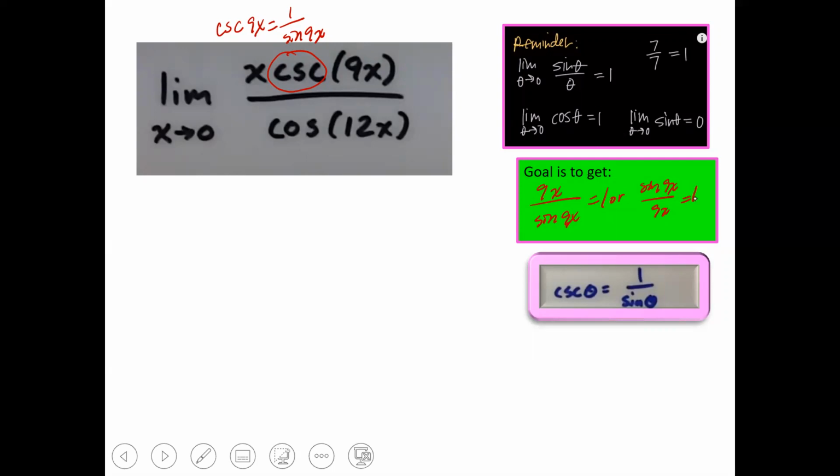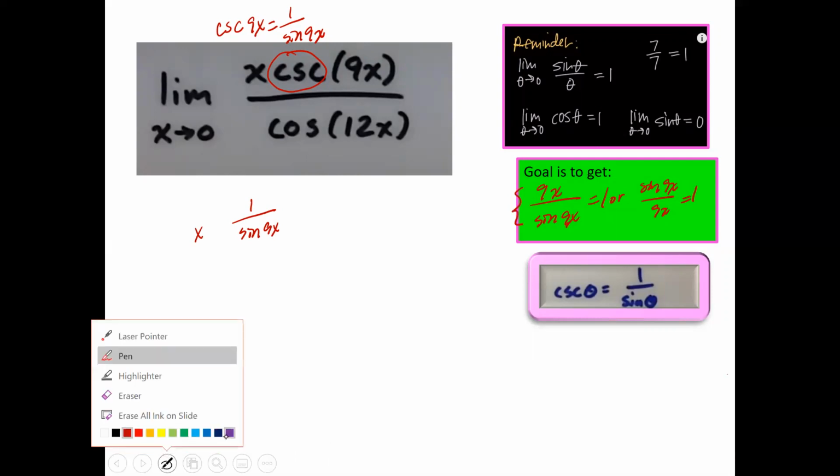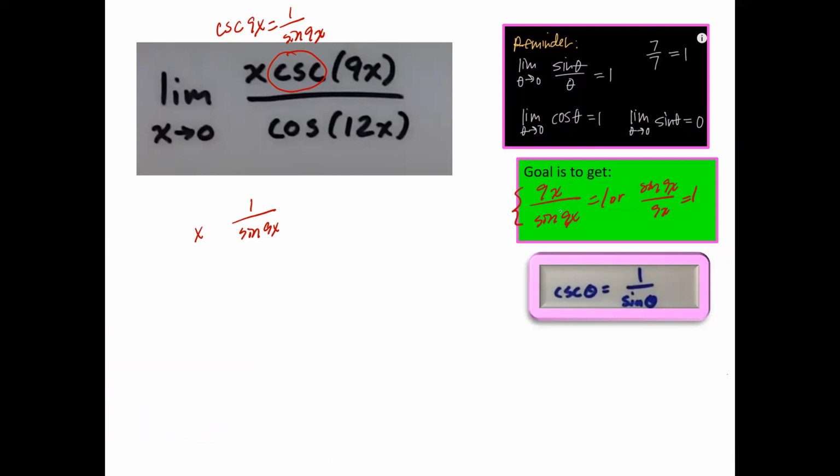So let's go ahead and rewrite this. I have x times 1 over sine 9x. In order for me to use this formula, I would need to have another 9x. So what if I decided to multiply by a 9x, top and bottom? It's legit because I'm just multiplying by 1, and you can multiply anything by 1. So I'm going to keep this 9x right here, and take the bottom 9x, which I don't need right now, and boot it out.